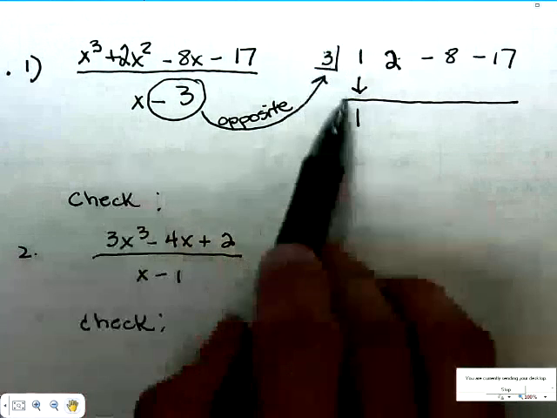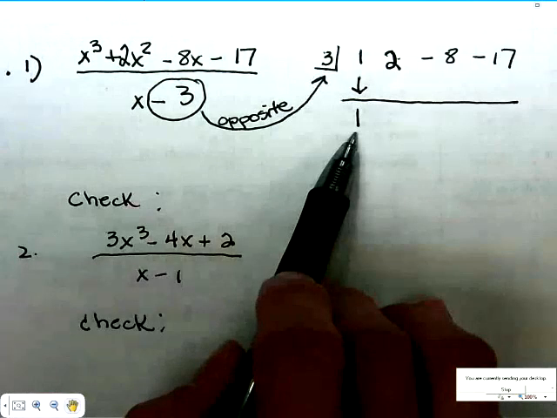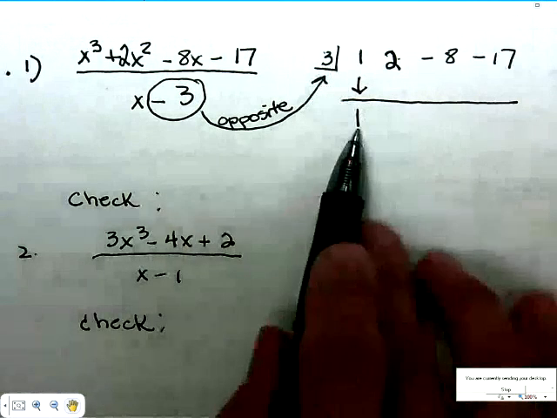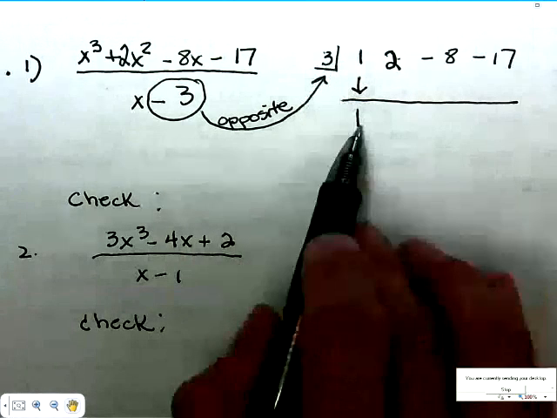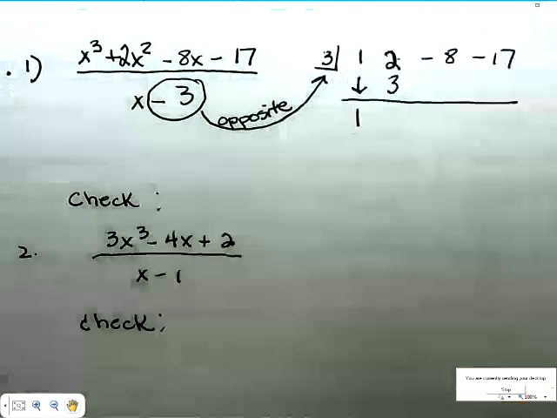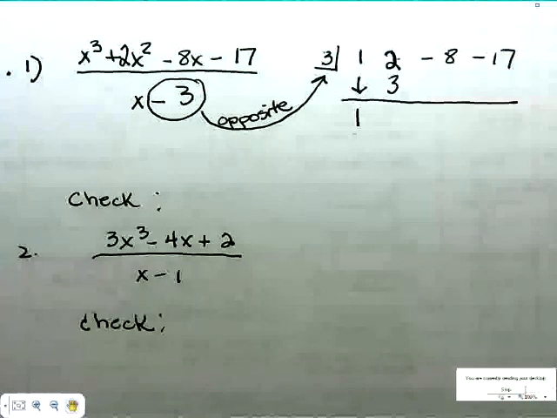So you always bring that first coefficient straight down and then start the process of multiply, add till you run out of stuff to multiply and add. You multiply what's in the box times what's on the bottom row. 3 times 1 is 3. You put that under your next coefficient and then add.